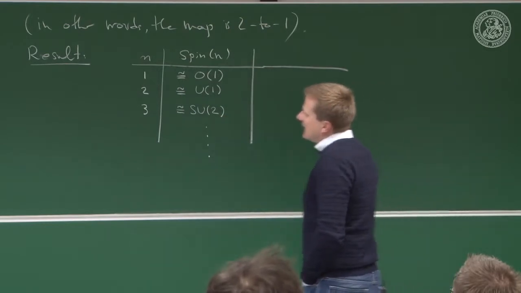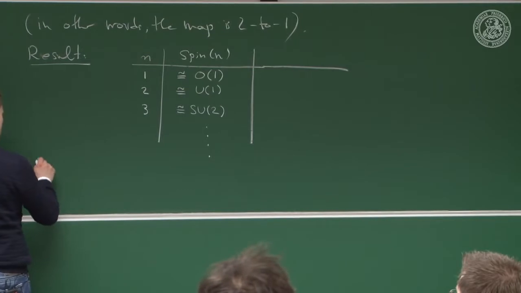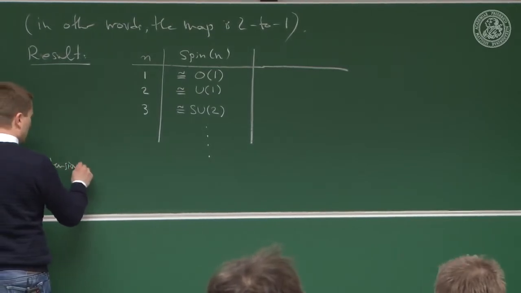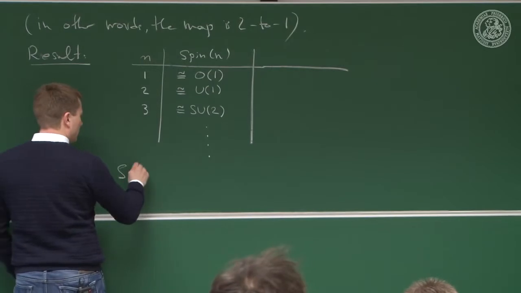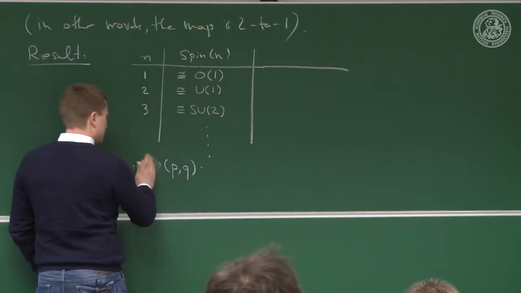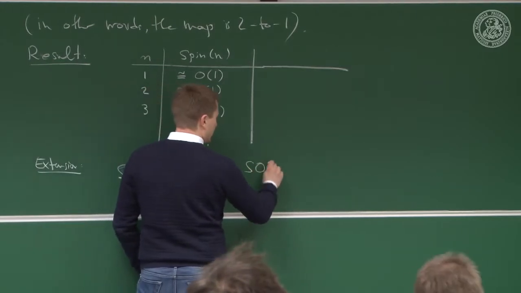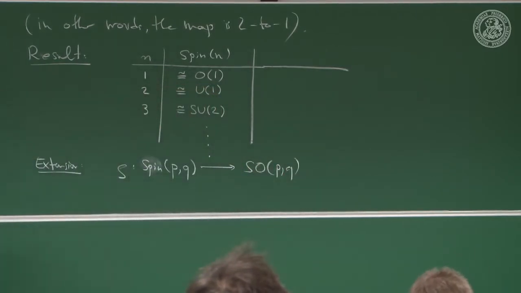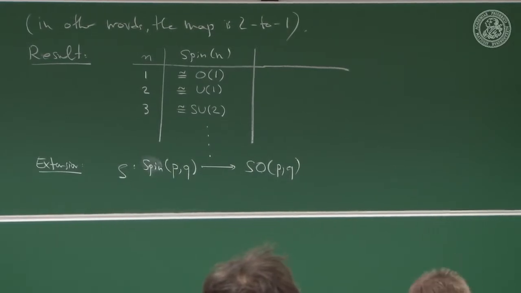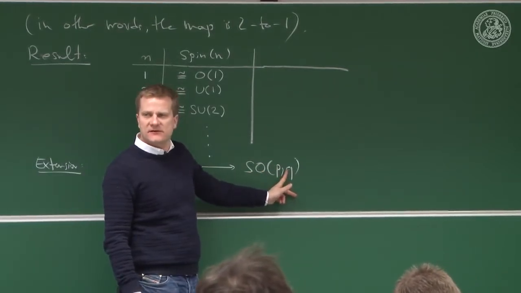Okay. Now I said here that we're looking at SON. However, we could also look at an extension of this idea, a row that goes from SOPQ, that defines spin PQ, which is a double cover of SOP, Q. And by P, Q, I mean that I no longer have a positive definite inner product, but I have an inner product with P pluses and Q minuses in the Sylvester form.